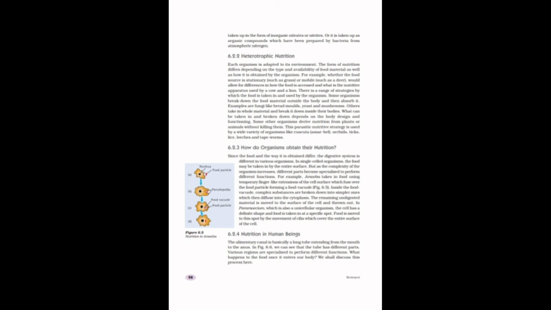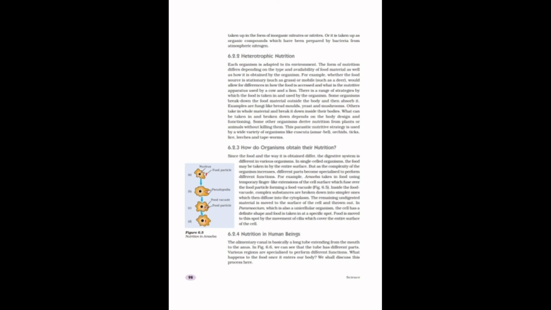Figure 6.5. Inside the food vacuole, complex substances are broken down into simpler ones, which then diffuse into the cytoplasm. The remaining undigested material is moved out to the surface of the cell and thrown out.